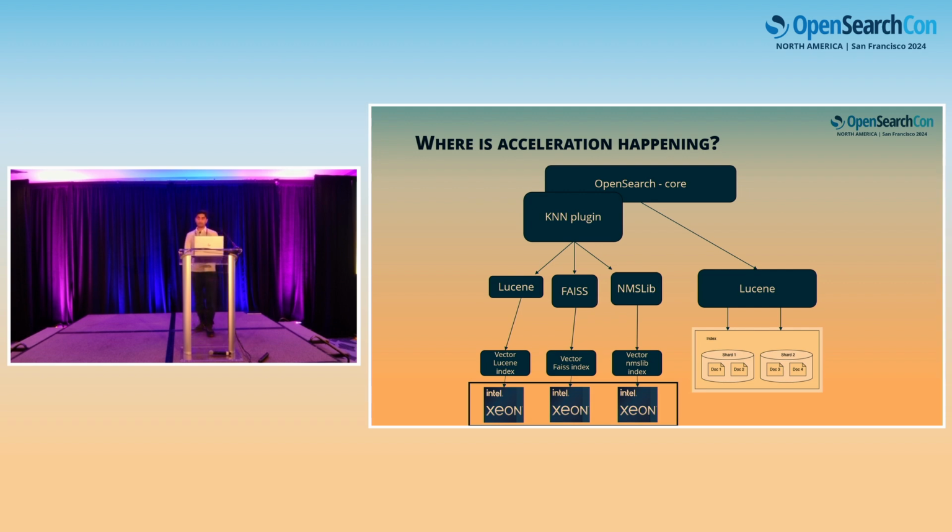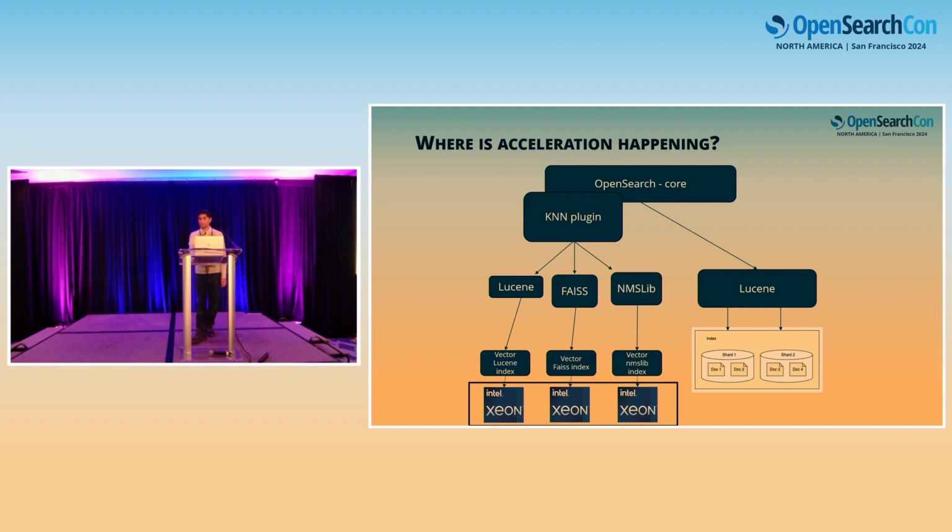Lucene, on the other hand, which is Java, makes use of the JDK Vector API, which is available as a package. Using that package, you can achieve the same amount of speedup that you would see on the intrinsic side.